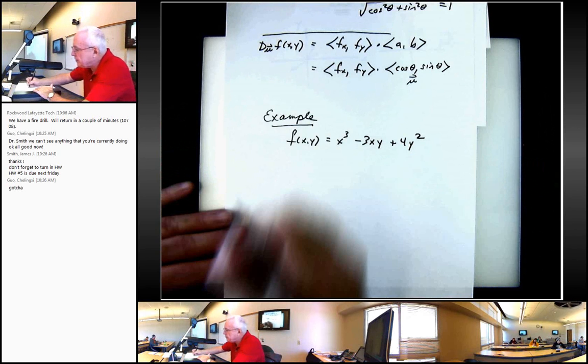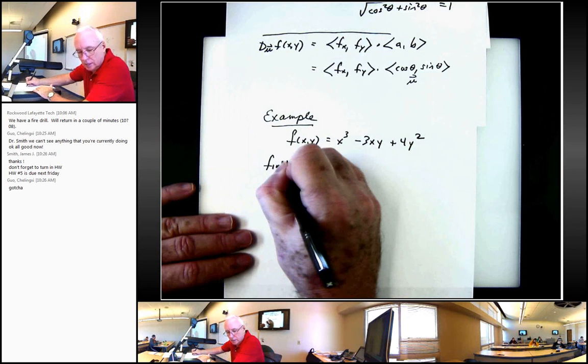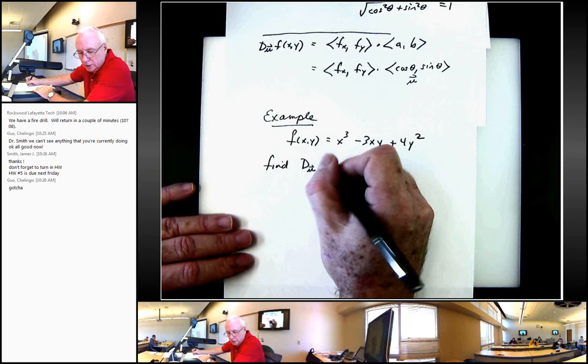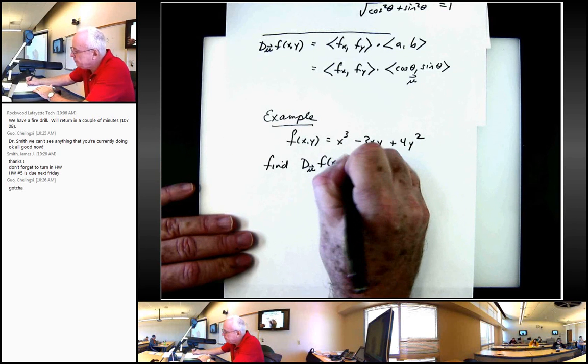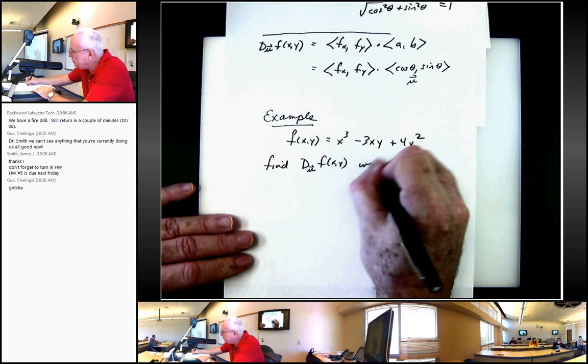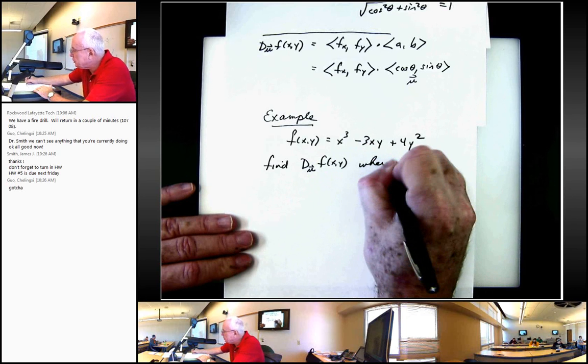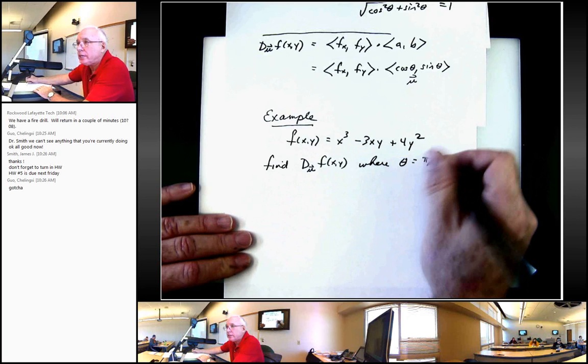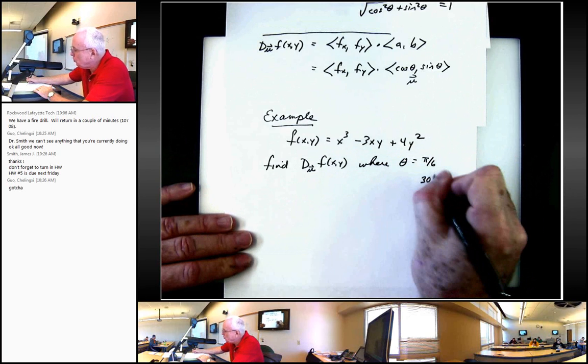And we're asked to find D, capital D, the directional derivative in the u direction of f, where this angle theta is equal to pi over 6, which of course we know is 30 degrees.